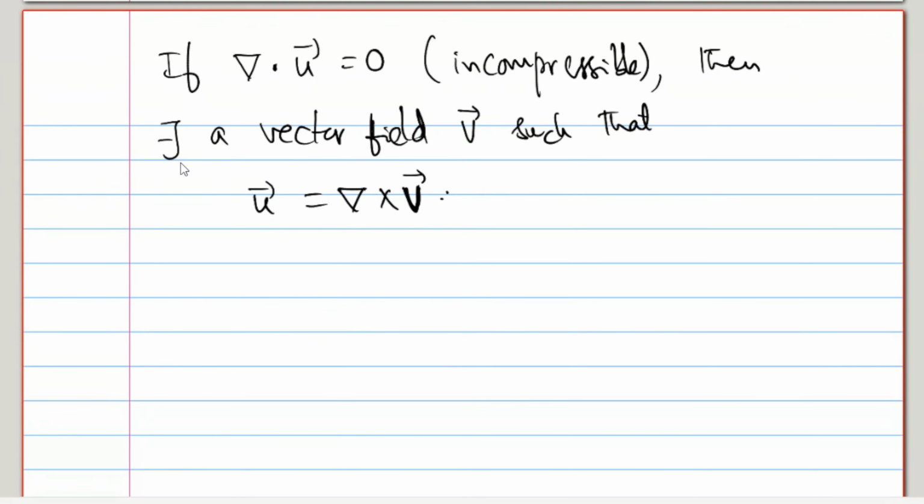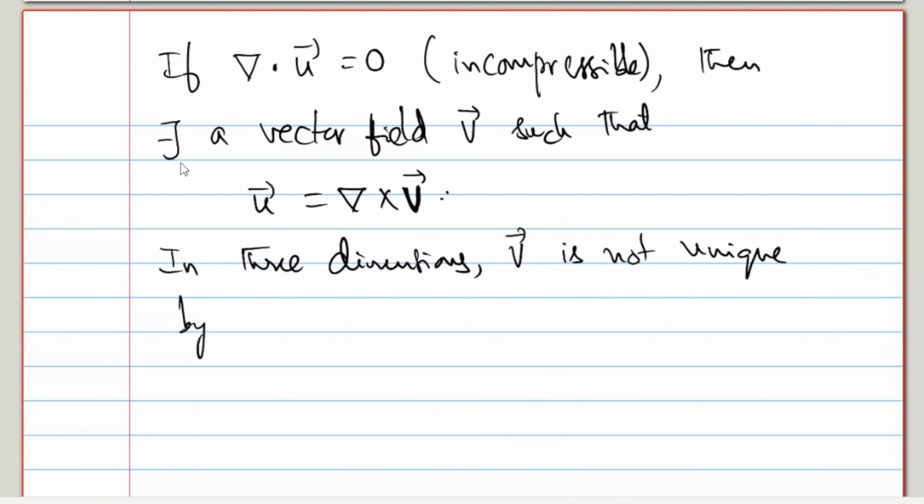So what will happen in 3 dimensions? This is not unique, right? So for a 3-dimensional incompressible flow, there exists a vector field V such that u is del cross V. This V is not unique.